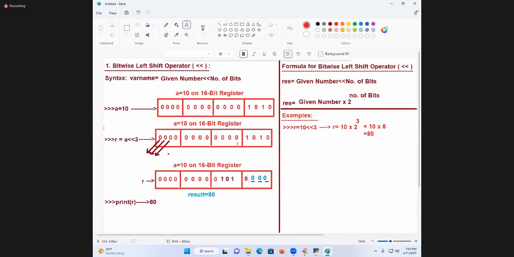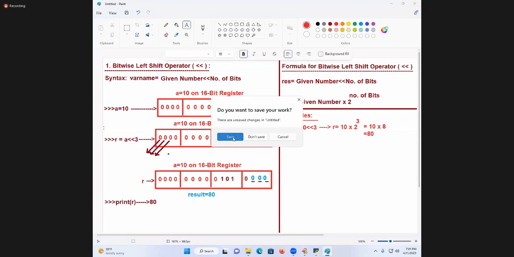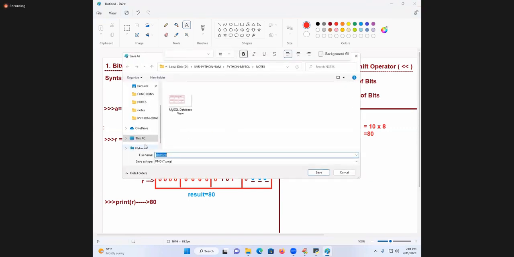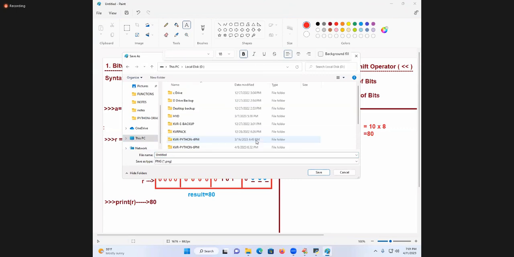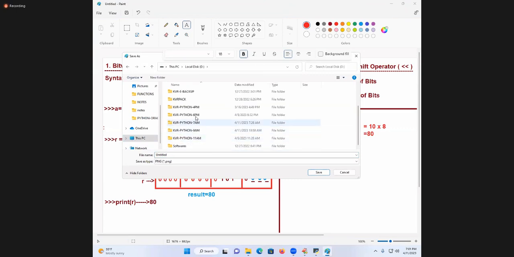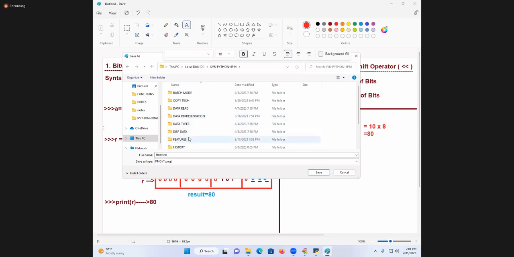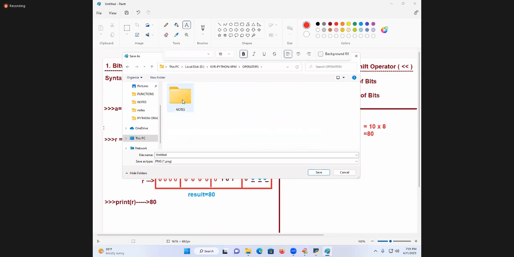So see, I will save this as bitwise. Which operator? Left shift. I'll go to this place, D colon 6 p.m. Operators, notes, under that bitwise operators, I will add the bitwise left shift operator.